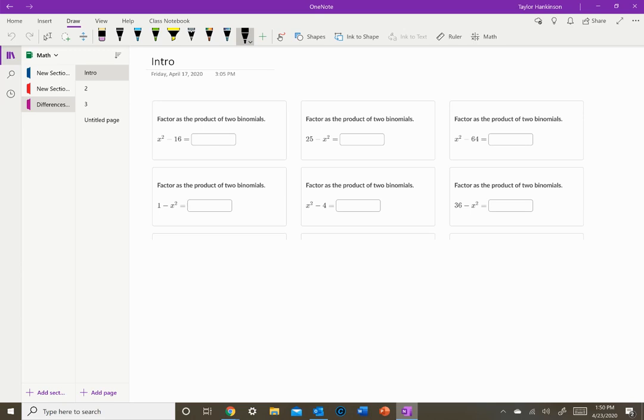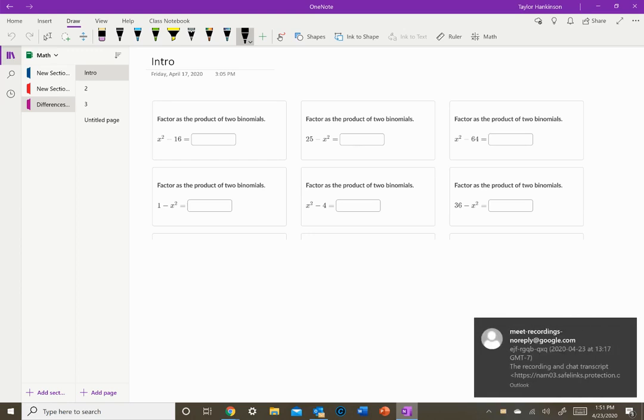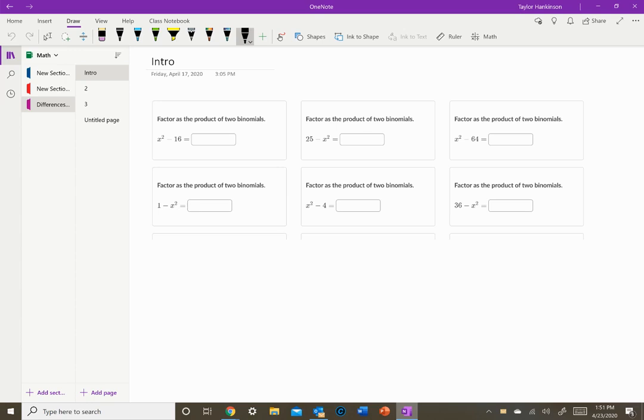I've got my problems right here, as you guys can see. A factor is the product of two binomials, so we want to write it as that binomial multiplication. So remember what we can do is find the square root of x squared, and there's a negative in between, and also the square root of 16.